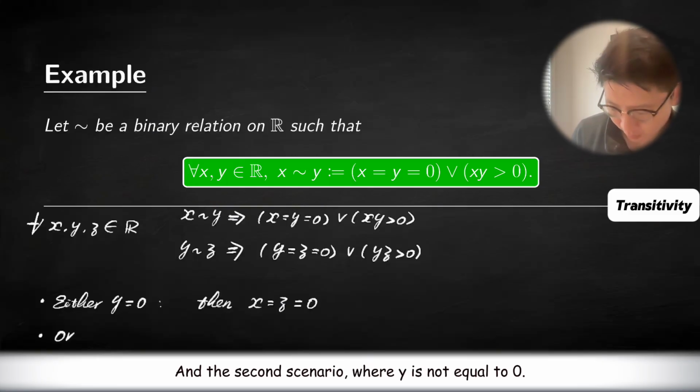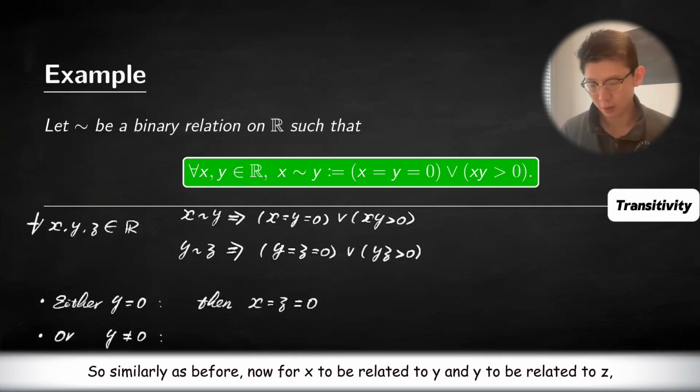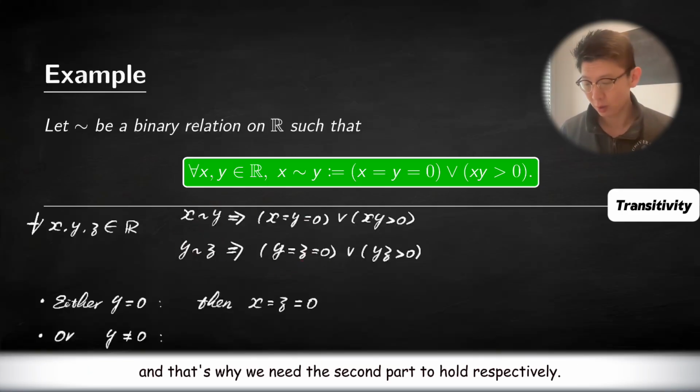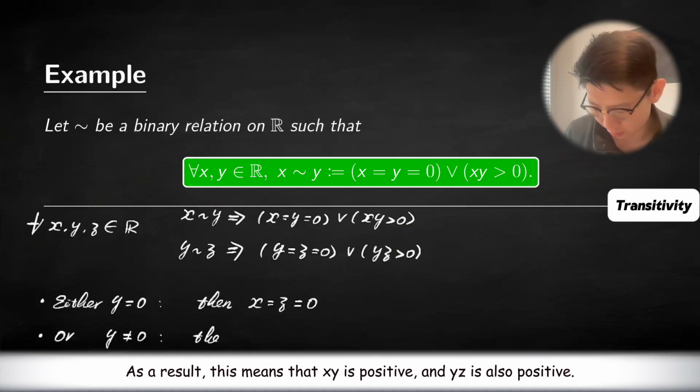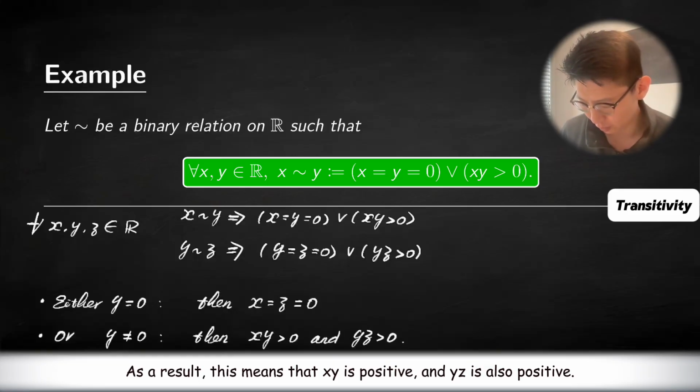And the second scenario, where y is not equal to 0. Similarly as before, for x to be related to y and y to be related to z, you see the first part can no longer hold. That's why we need the second part to hold. As a result, this means that xy is positive and yz is also positive.